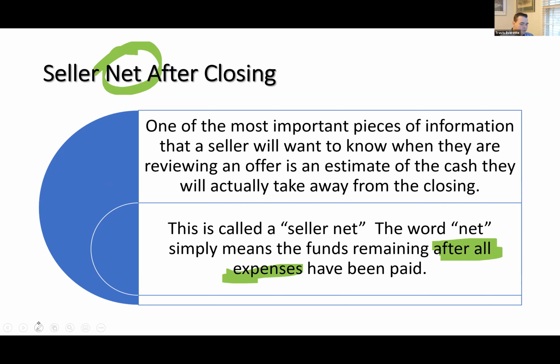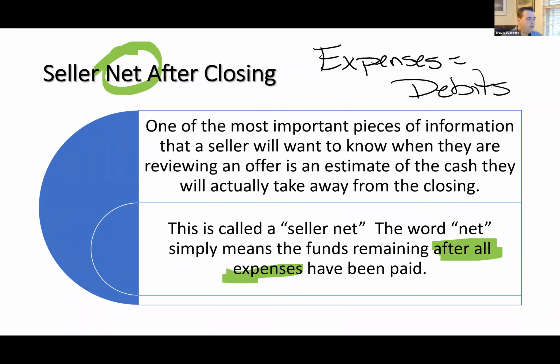And here's the terminology I want you to start to become comfortable with. Expenses equal debits. Think of looking at your account balances in your online banking. You see debits and credits. Credits are monies that are coming into your account. It's things you like. Credits make you smile.